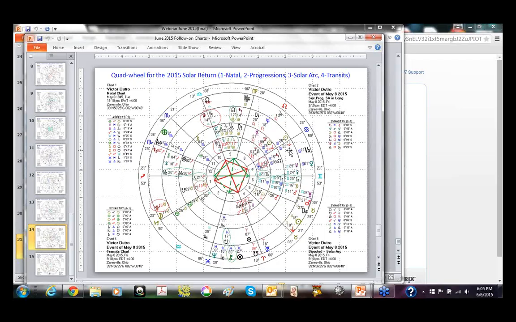Very good. So what I have here is transiting Pluto is squaring solar arc Pluto. Where are we? Yeah. Solar arc Pluto is up there. See? So Pluto up here. So Pluto is squared by Pluto. Again, what are we talking about? Transformation. It's emphasizing again the 8th house stuff that's going on with your sun there, right? And plus squaring progressed Saturn at 15 degrees of Cancer.